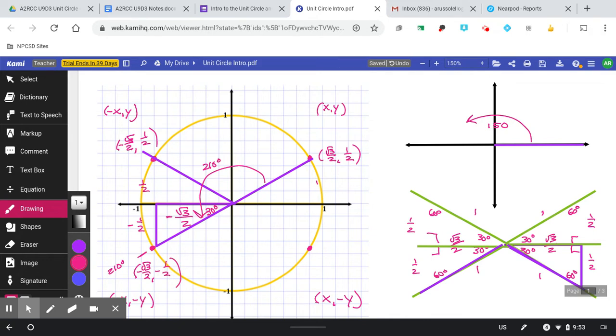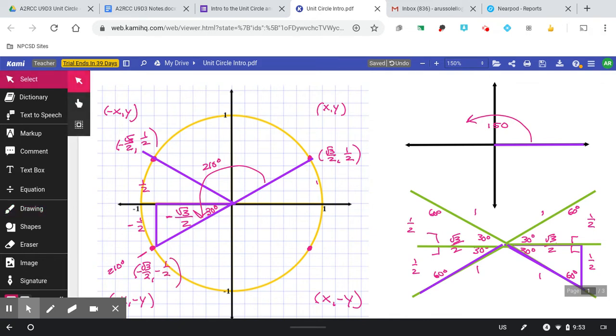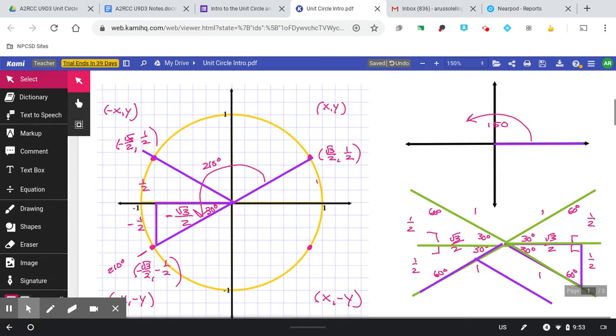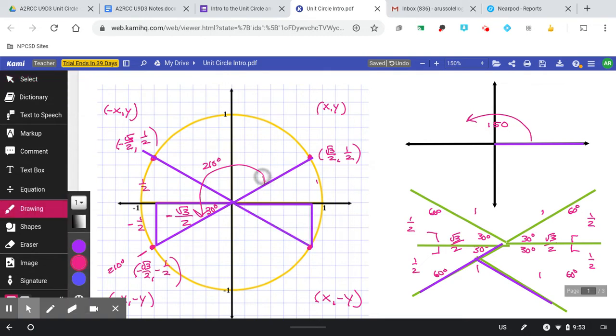And the last quadrant, quadrant 4. I'm looking for this coordinate, and now we're at 330 degrees. We go all the way around to 330 degrees.